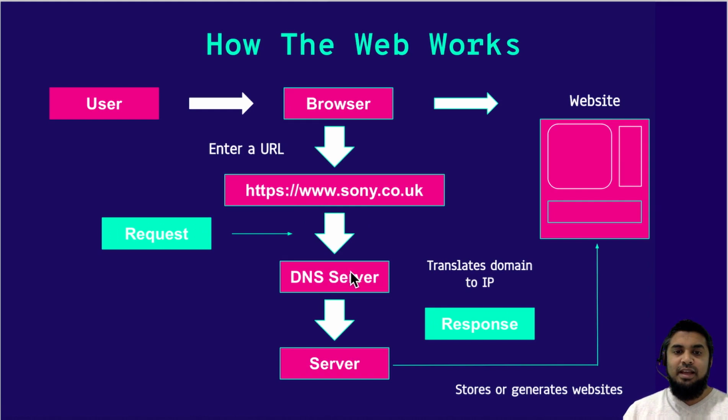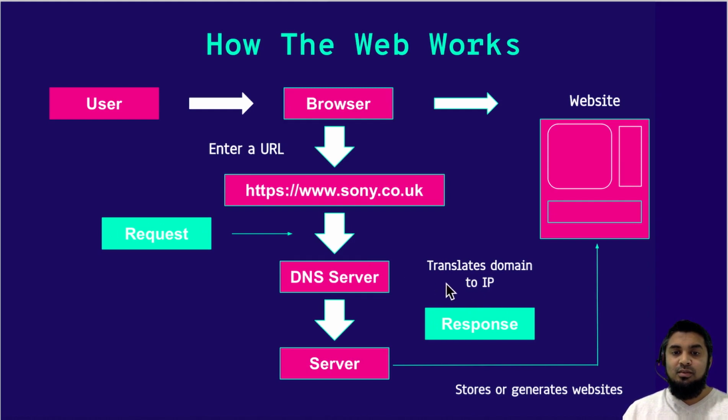Because a website is not actually stored in human readable form like this. It's stored in a series of digits, which is known as IP, Internet Protocol. So the DNS server takes this domain name and matches it to the IP. Now, that IP address is actually where the website is stored.